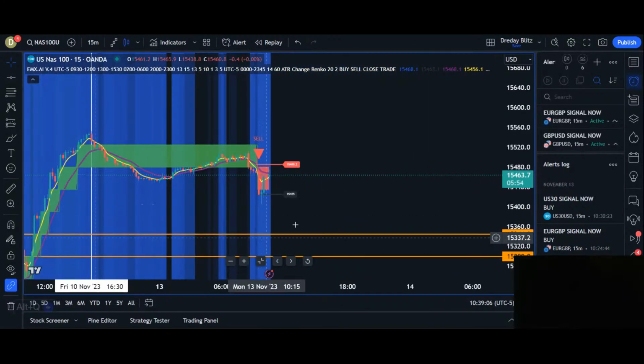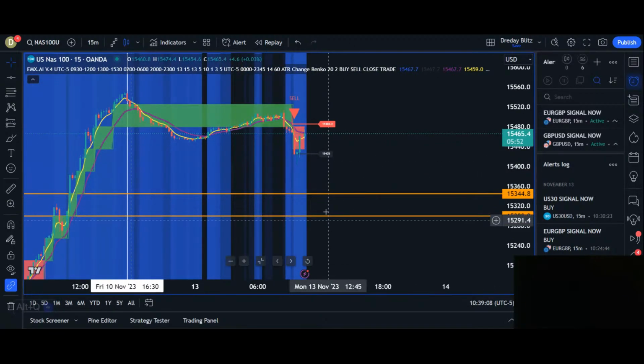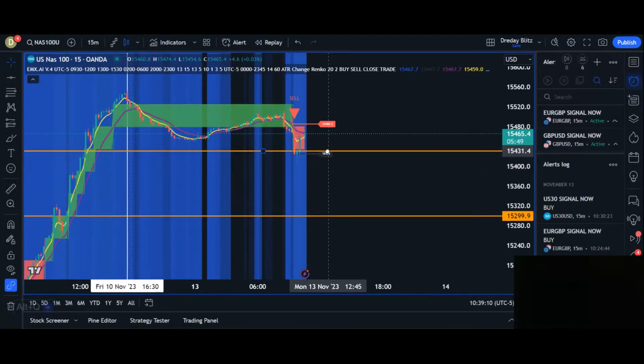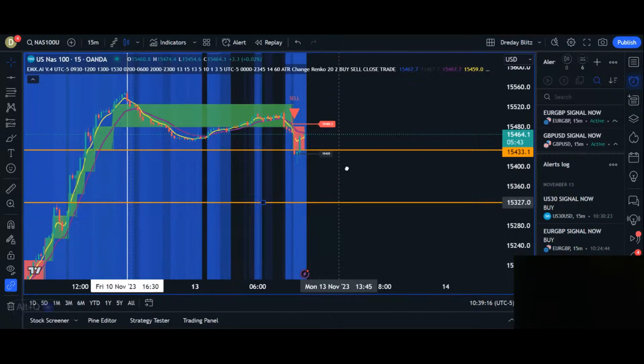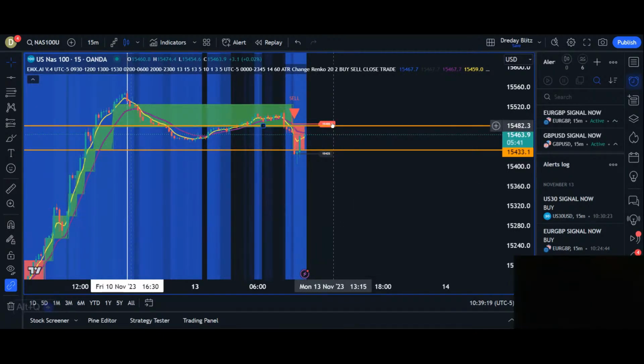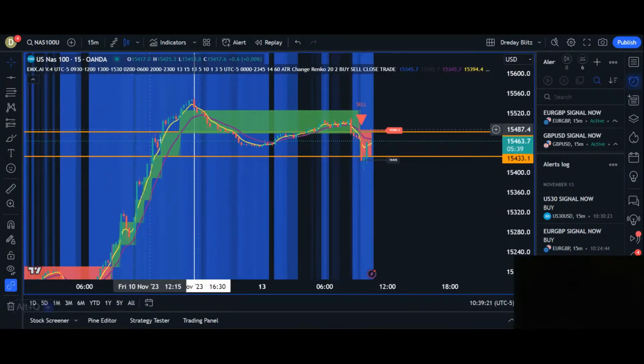So that means that if we're looking at the current price, we have a bearish Renko from here to here. That's exactly the same range as this one.